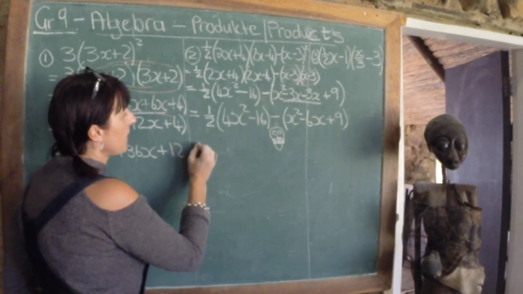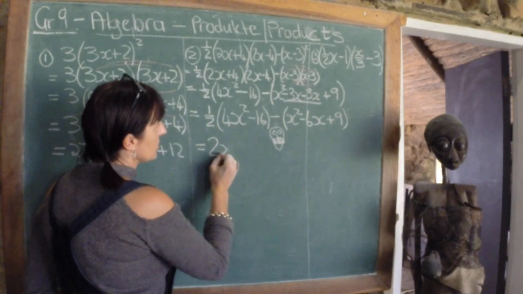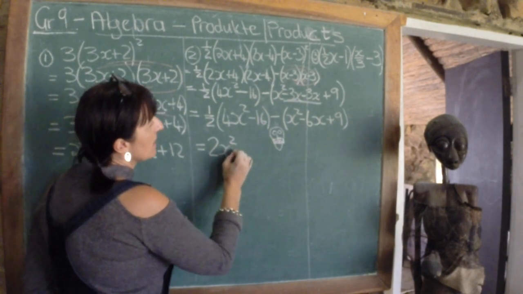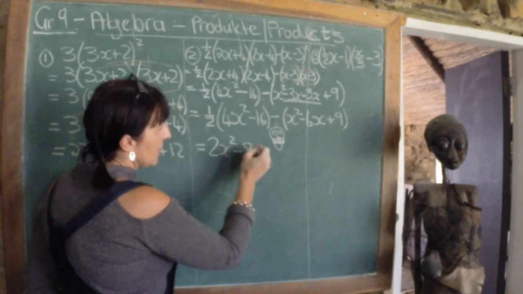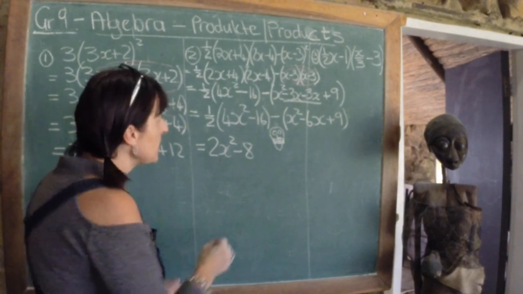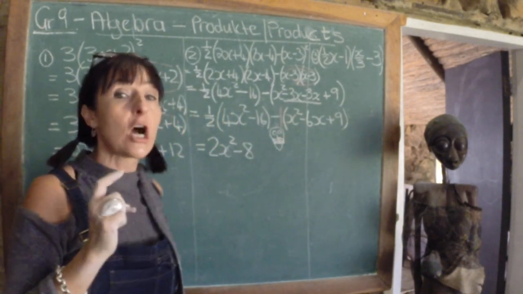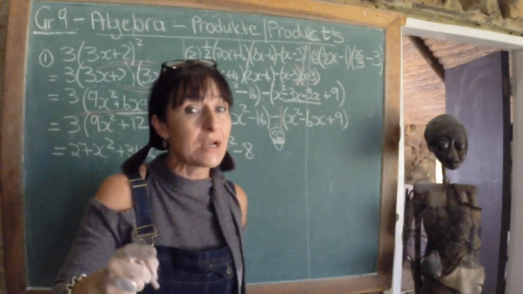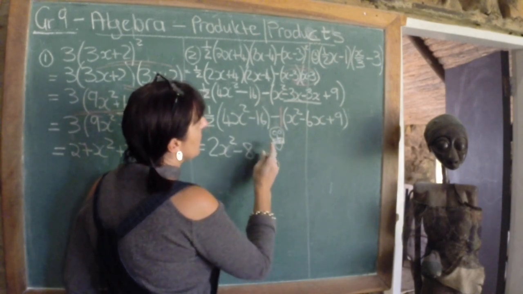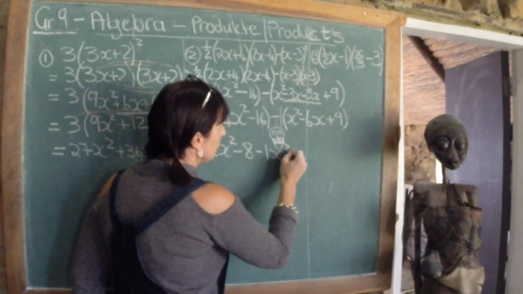Kom ons maal die half in. 'n Half maal 4 is 2x kwadraat. 'n Half maal minus 16 is minus 8. Now I'm going to remove this bracket. There's actually a 1 in front of the bracket. So I've got to multiply the minus 1 in. So see, minus 1 times x squared gives me minus 1x squared.